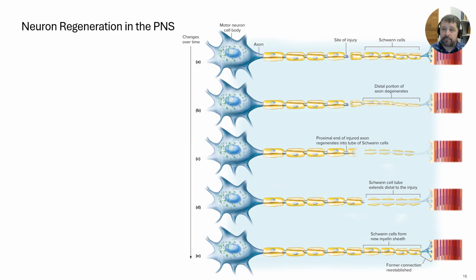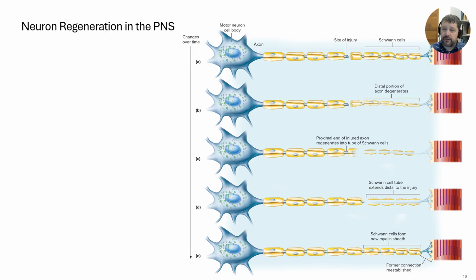This is how it kind of happens. So let's say there's a tear in this axon, site of injury. Okay. So then the Schwann cells that are still in that region, okay, will form a tube, a regeneration tube. That axon, if it follows that tube, it can reconnect to the motor plate. So remember, the muscle has a motor plate. That's where you're going to have that synaptic cleft.